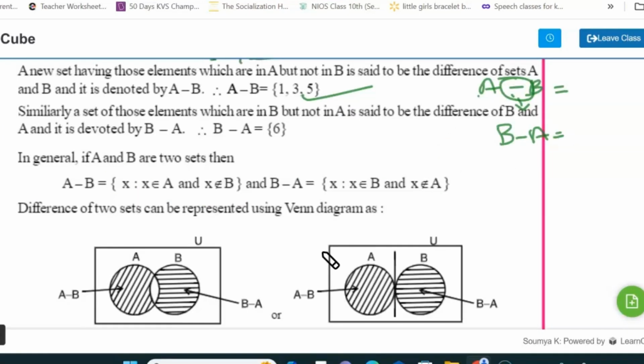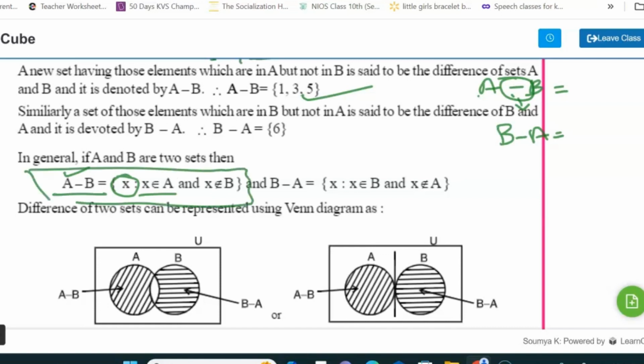So we can say A minus B are the elements X, where X belongs to set A, and X doesn't belong to B. So whatever is there in B should not be there in the result.